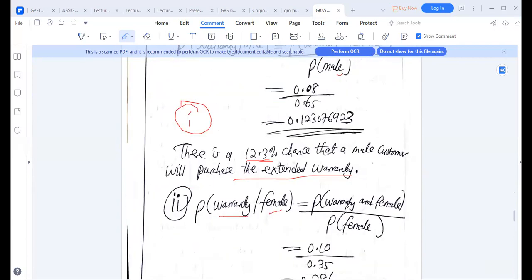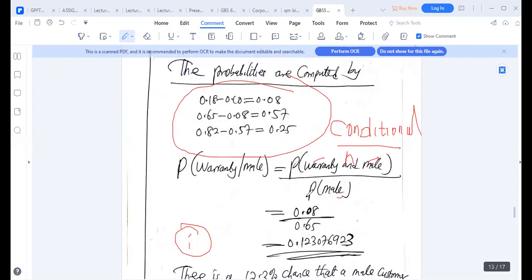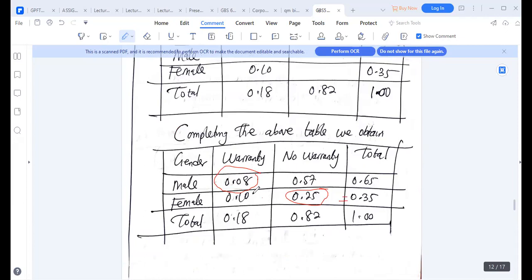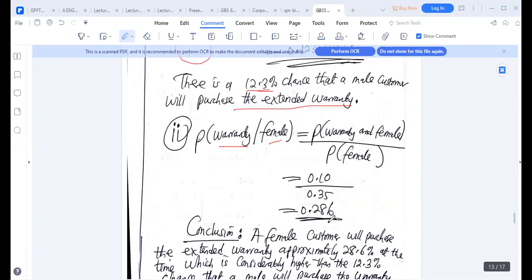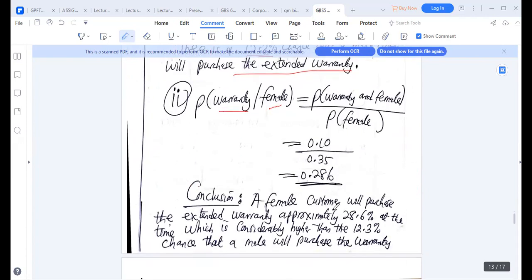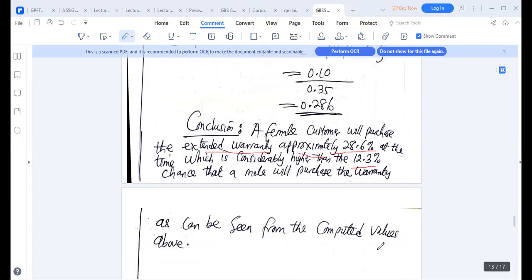So the probability of warranty and female, which is 0.1, over the probability of female, which is 0.35. So a female customer will purchase the extended warranty approximately 28.6% of the time, which is considerably higher than 12.3%, the chance that a male will purchase the warranty.